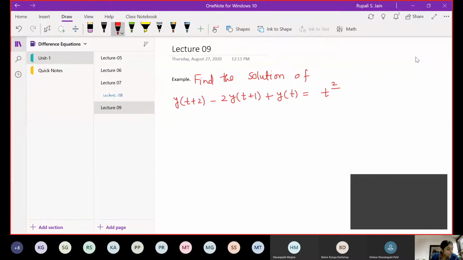And what is the domain of y? It is t equal to 0, 1, 2 and so on, so the domain is integers. Now boundary values have been given: y at 0 is equal to minus 1 and y at 1 is given to be 3. It is a boundary value problem.